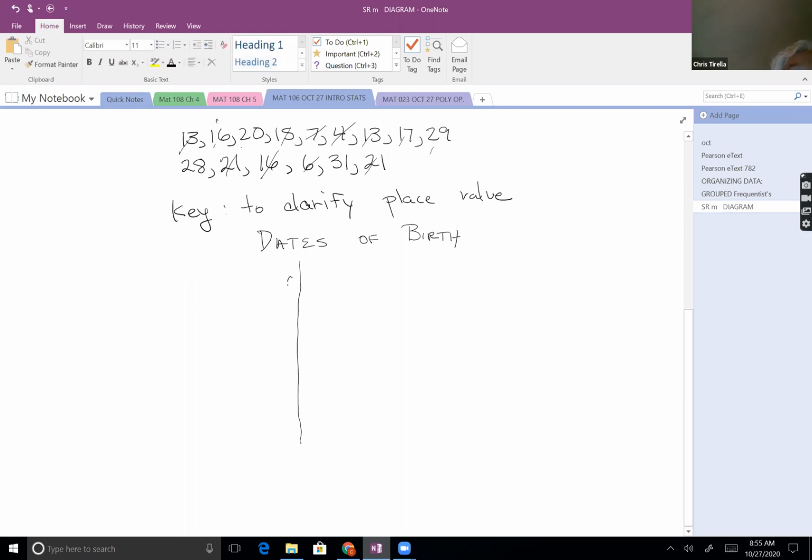So I'm going to put a 0 in the tens place. Then I can have all the ones with a 1 in the tens place, a 2 in the tens place, and a 3 in the tens place. And so over here, my stems are my tens places.